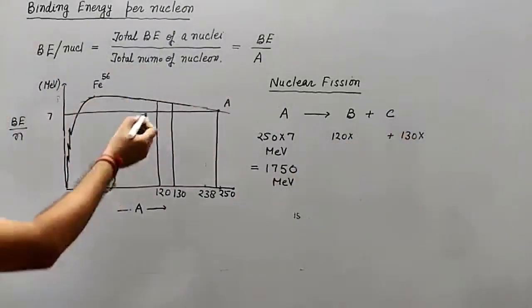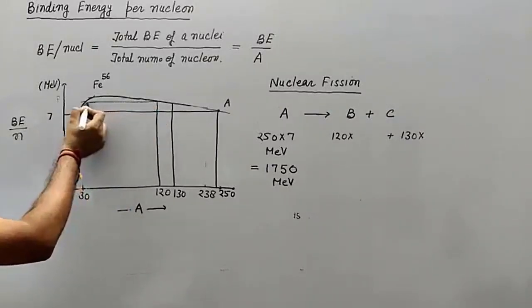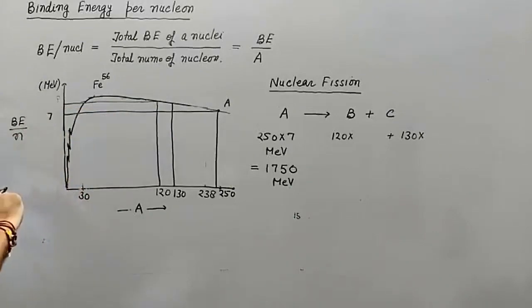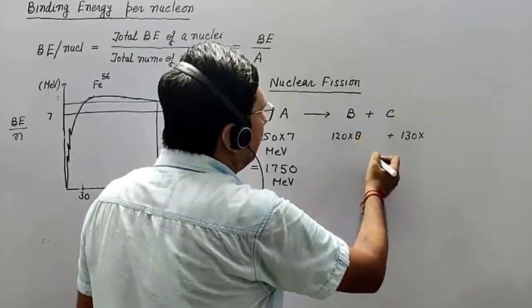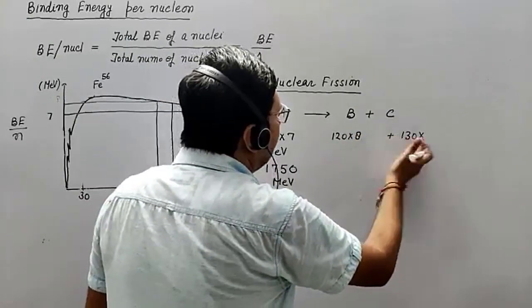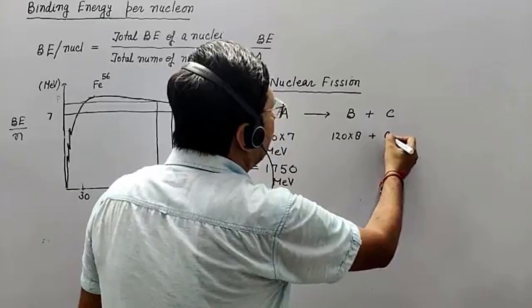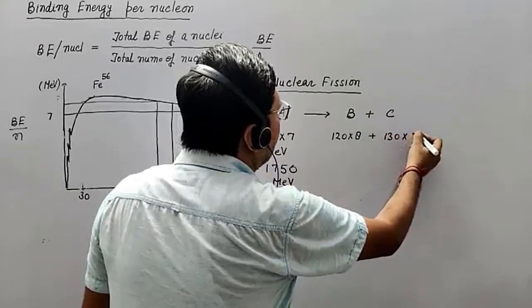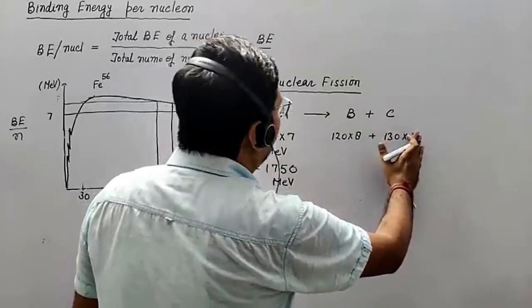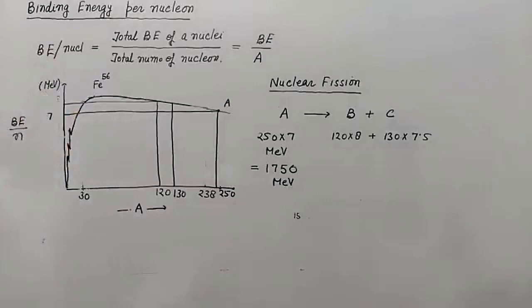Suppose the binding energy per nucleon of 120 is nearly 8, and for 130 this is 7.5.